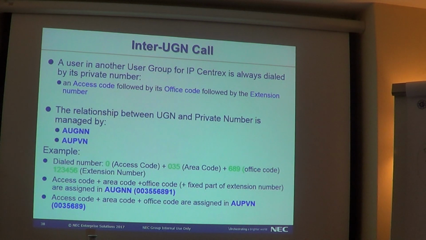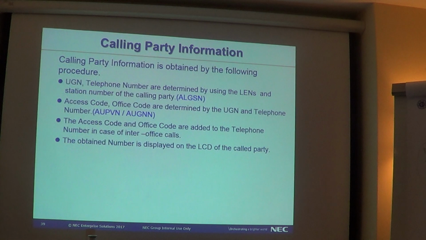In order to set up the relation between user group number and the private number, you have to use the commands AU-GNN and AU-BVN. I will add more examples here. Called party number is obtained by the following procedure. User group number, telephone number, which is determined by using the logical station number, called by ALGSN.